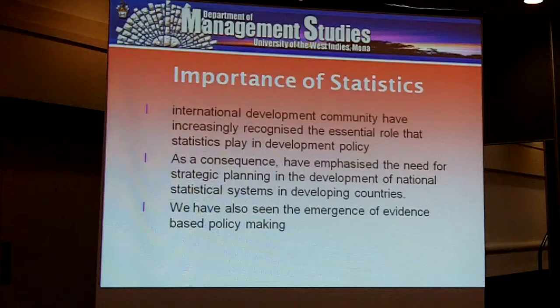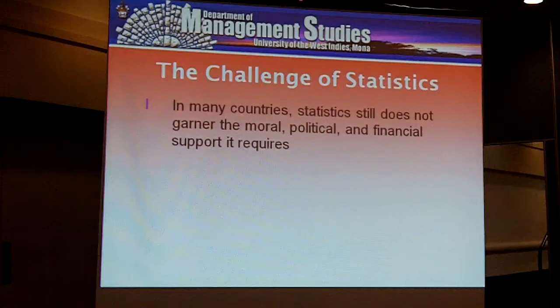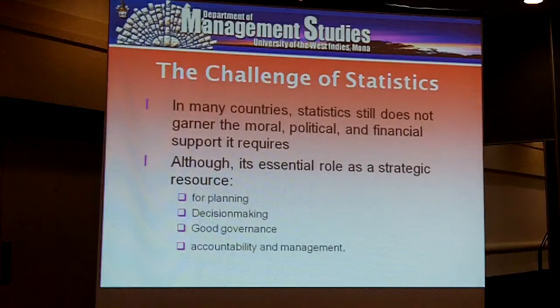It is not yet widespread enough to have the impact it should be having, but at least you're seeing that process emerging, which is important. Of course, there are some challenges. In many countries, statistics really does not have the moral, political, or financial support it requires. And it varies by country. But it is recognized increasingly for its planning, decision-making, governance, accountability and management roles.